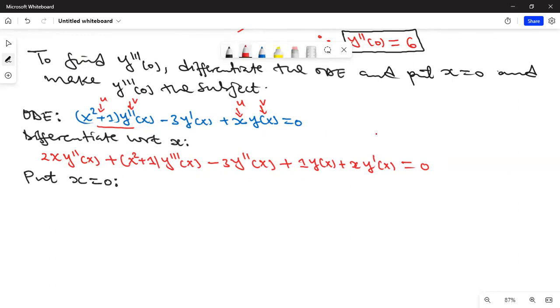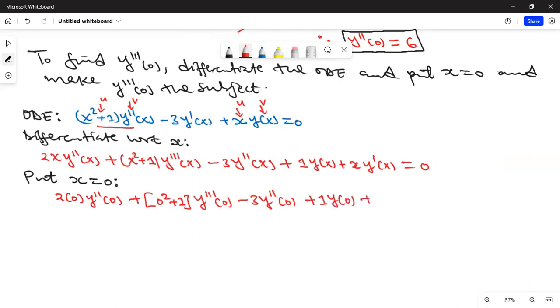We're going to get 2 times 0 times y double prime of 0, plus 0 squared plus 1 times y third prime of 0, minus 3 times y double prime of 0, plus 1 times y of 0, plus 0 times y prime of 0, is equal to 0.